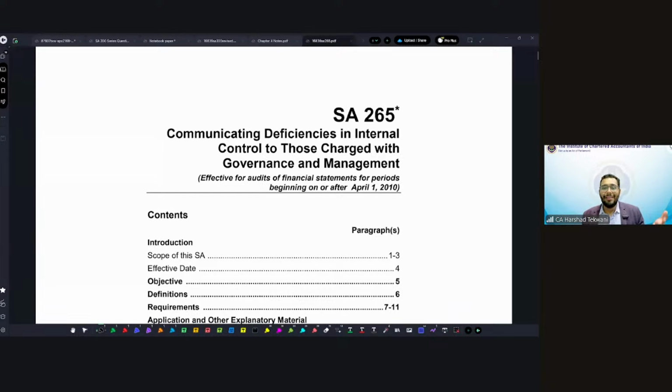So the control has a deficiency. It is designed, implemented or operated in such a way that it is not able to prevent payments for fictitious purchases on a timely basis. That's a deficiency.